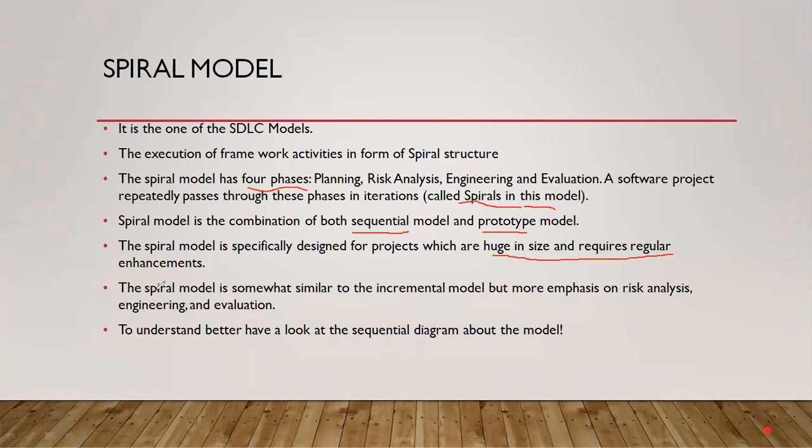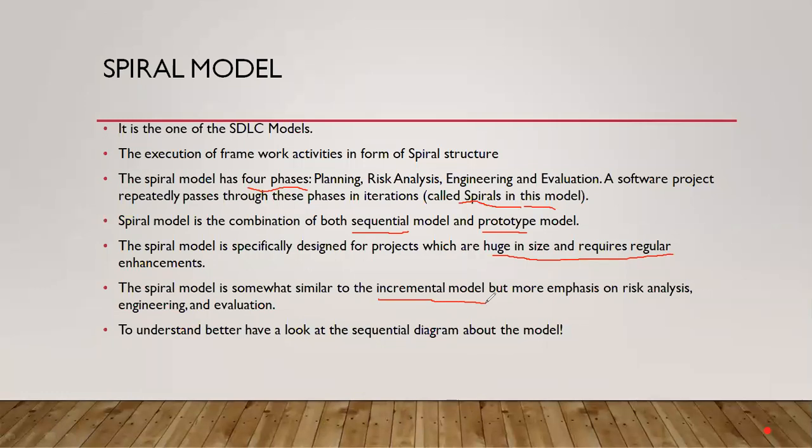Coming to the next point, the sixth point, the spiral model is somewhat similar to the incremental model, but with more emphasis on risk analysis, engineering, and evaluation. It is also a little bit similar to the incremental model.